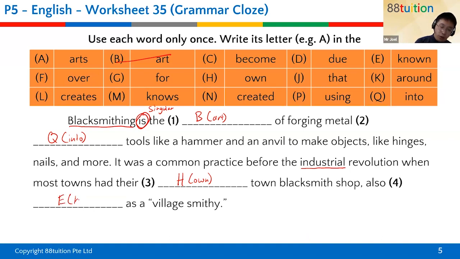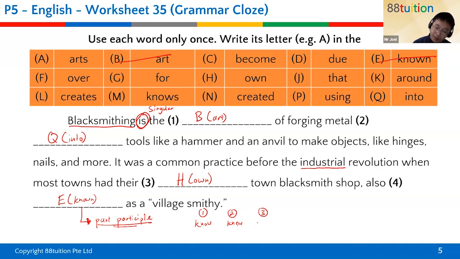Why do we use known and not knows over here? Why is it known? Because known is actually the past participle, which tells us that it has been known for a very long time. Then we use the past participle because the first form of this is know, right? The second form of this is the simple past. Knew is the past of know.